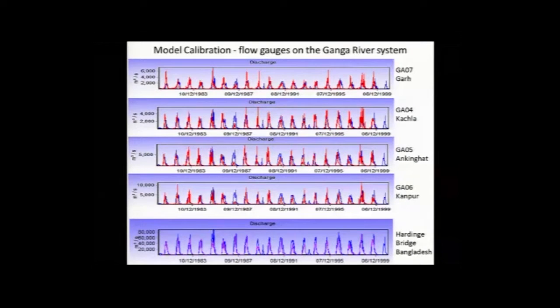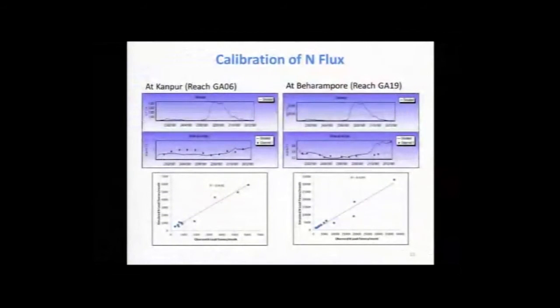This one is very much upstream, and these 2 are the middle stream data in the main stem of the Ganga. Then we also similarly calibrated the nitrogen flux with whatever data we had available. One point is at Kanpur, and one point was in Bangladesh, very much further down as well. So we had a reasonably good calibration for the nitrogen flux as well.